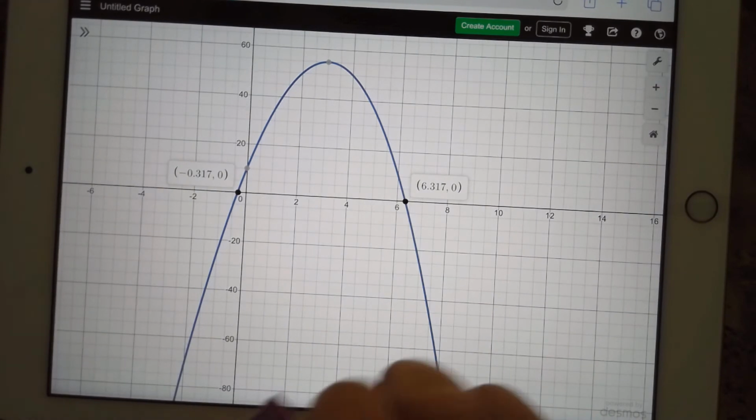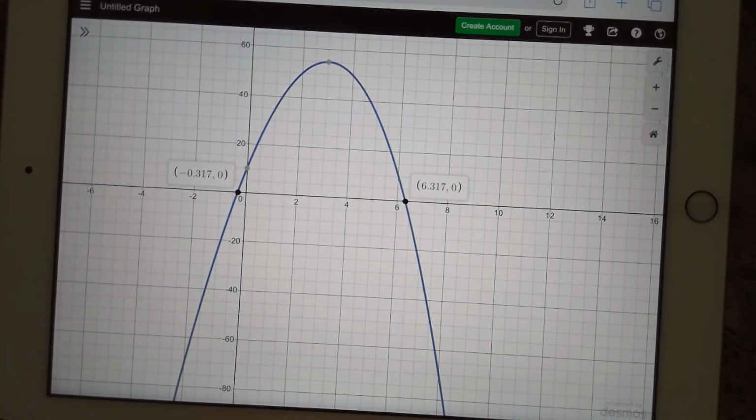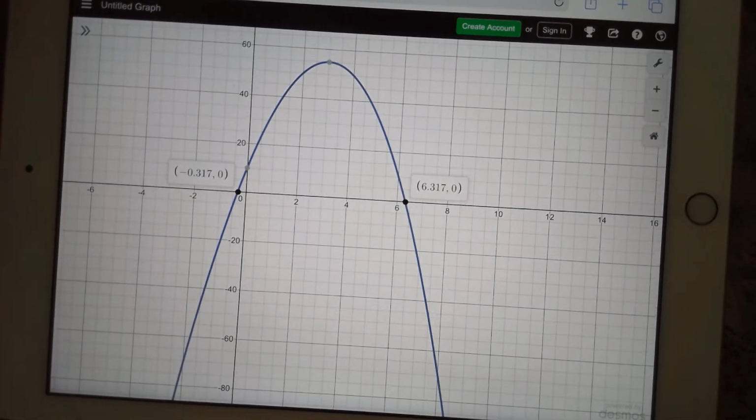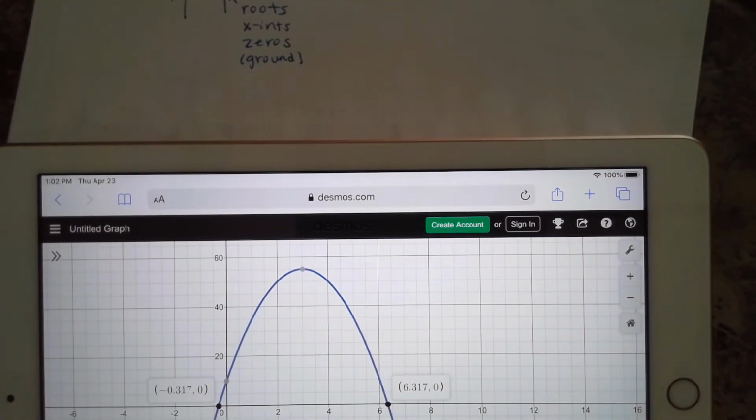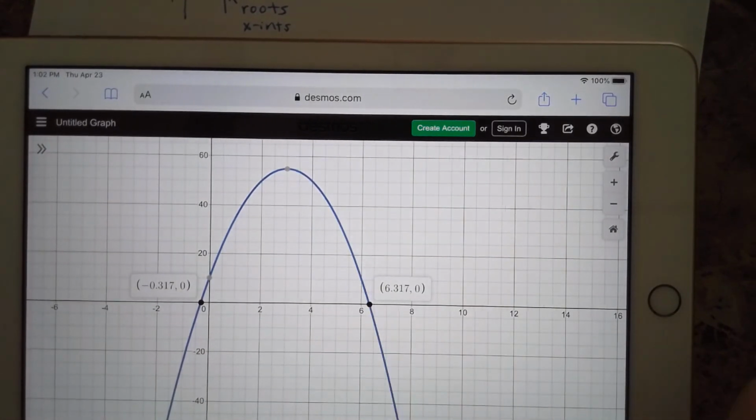We have these 2 points as our roots. Let's go ahead and write both of them down. We've got our graph, and there are the x-intercepts, and you just tap it, and you have it.